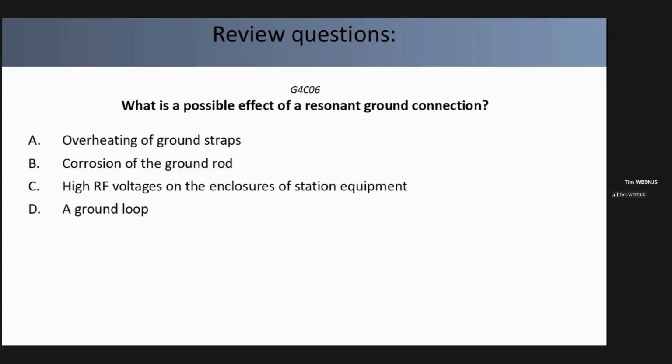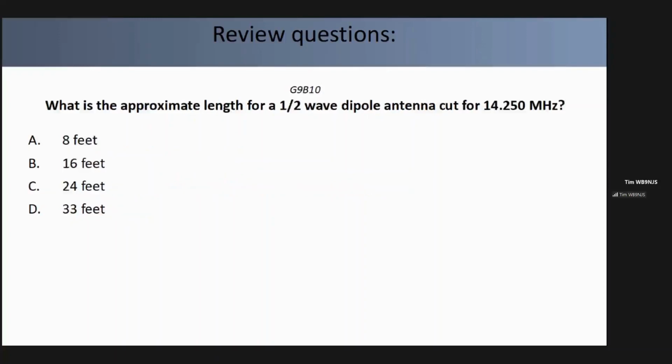As a result of that, it won't be an effective ground, and high RF voltages on the enclosures of the station equipment might be present. So when you're grounding the equipment in your station, you want those grounds to be short and direct and avoid long ones so they won't become resonant and present higher RF voltages.